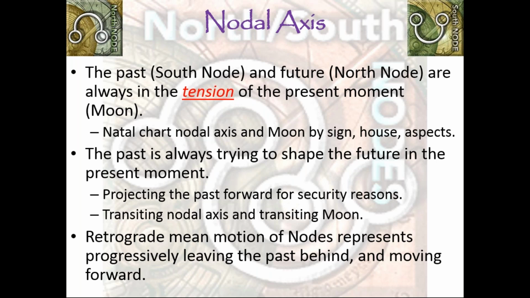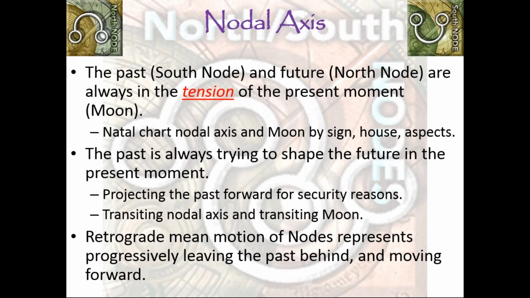Whether natal or transiting, the past is always trying to shape the future in the present moment. In other words, there's that tendency to project the past forward for security reasons.